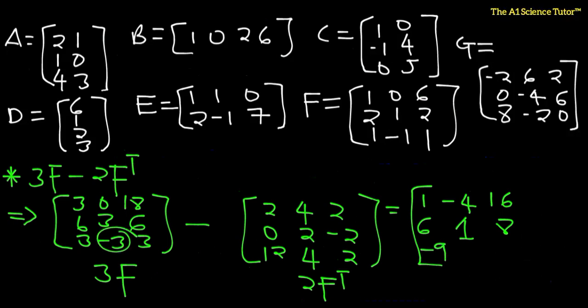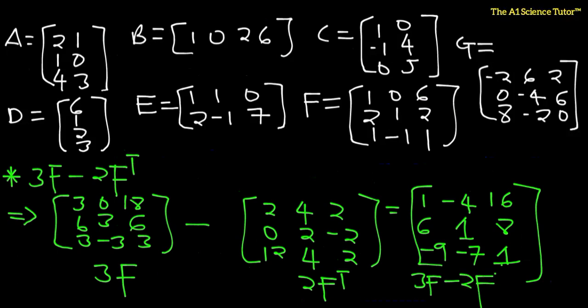We have negative 3 minus 4, so minus 3 minus 4 is going to give us minus 7. Now we have 3 minus 2, which is 1. So this is the answer to the question, 3F minus 2F transpose. Try this one.